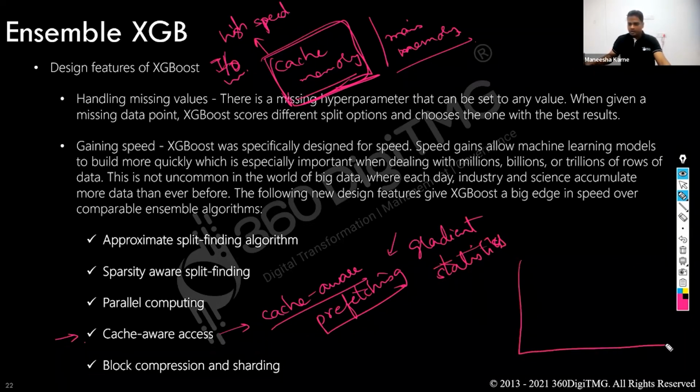Now, what is a gradient? If you want to minimize your error, suppose the error is here, probably you have some parameters or some weights. You want to keep changing your weights to minimize your error.